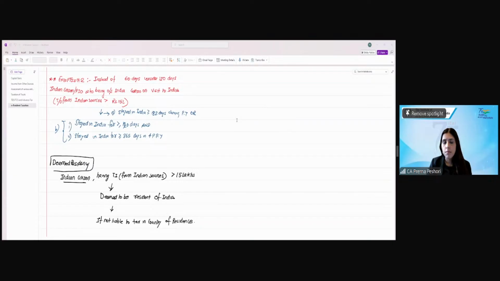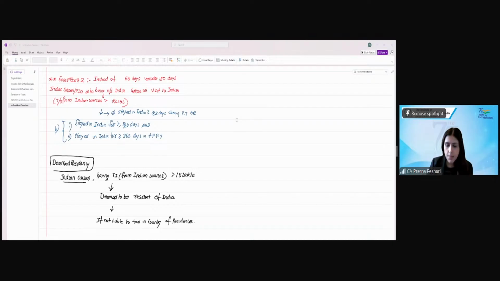Madam, in the country where he is resident, in that country he is not taxed for any income. Correct. So in that case, any Indian source of income, if it is greater than 15 lakhs, then he will be considered as a deemed resident. So what do we mean by liable to tax?